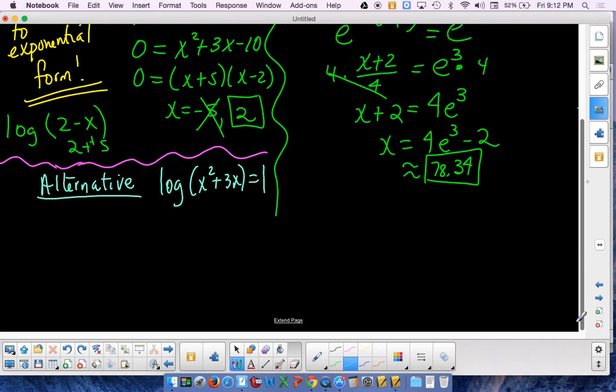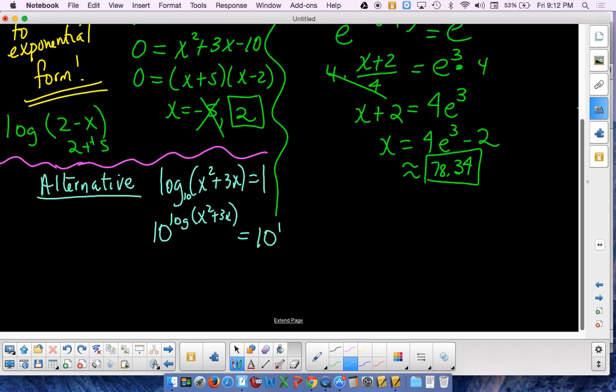So here, since this is a base 10 log, if I wanted to get rid of that log, I could put a 10 under both sides. So I would have 10 to the common log of (x squared plus 3x) equals 10 to the first. I could put the same base under both of them.